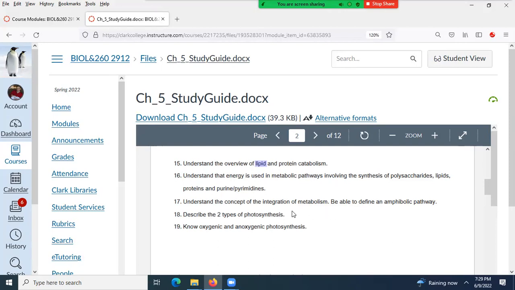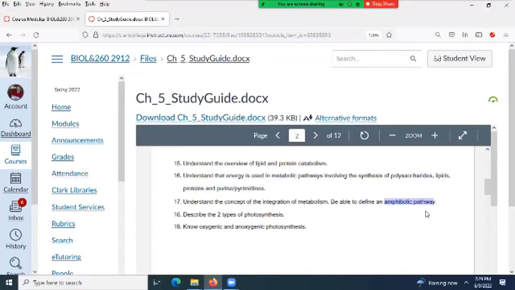Understand the concept of the integration of metabolism. We've discussed metabolism as being separate, anabolism and catabolism, but in reality, the two are linked together by amphibolic pathways. Humans are not very good at linking things together by amphibolic pathway.